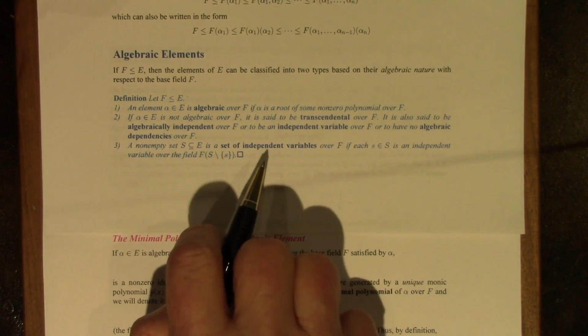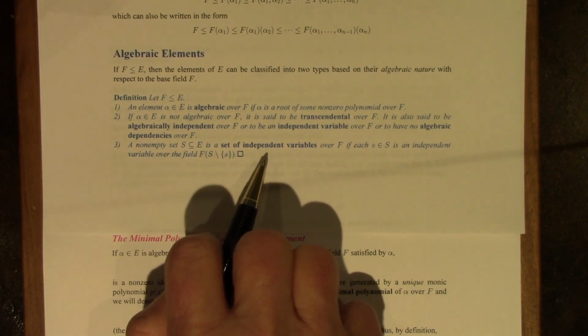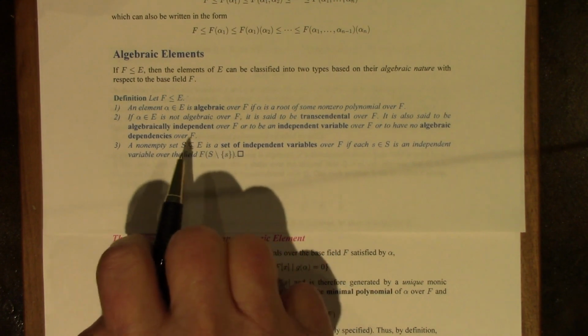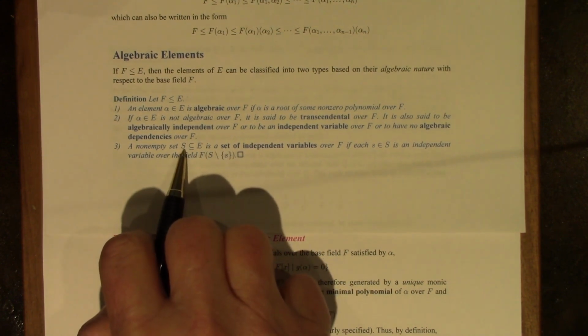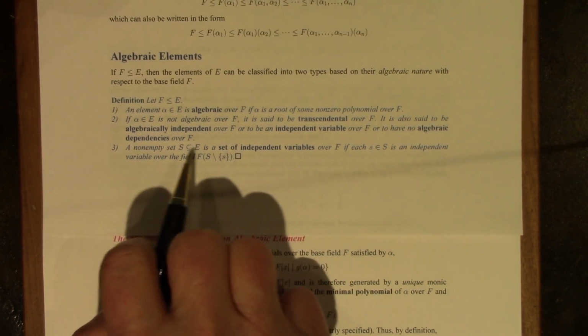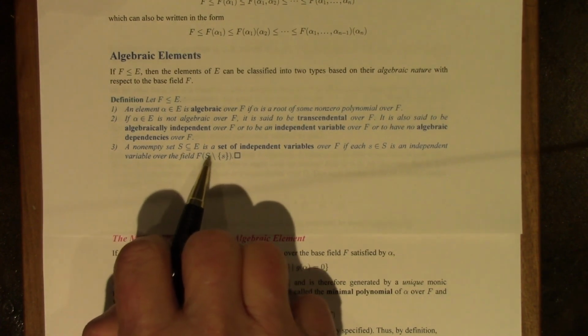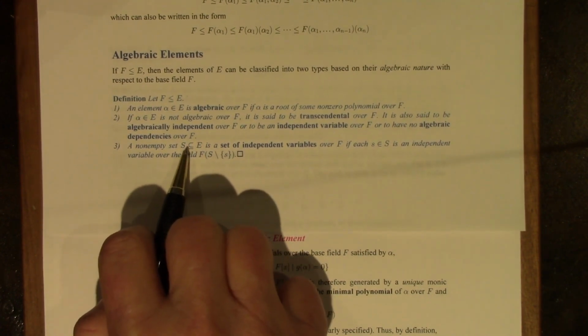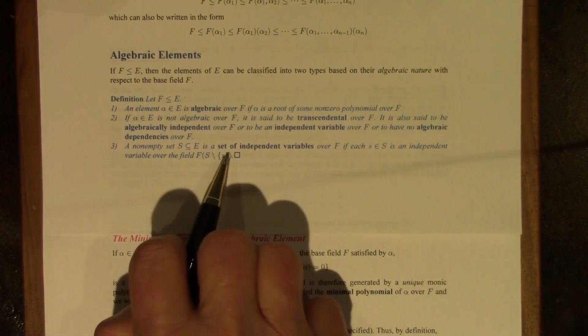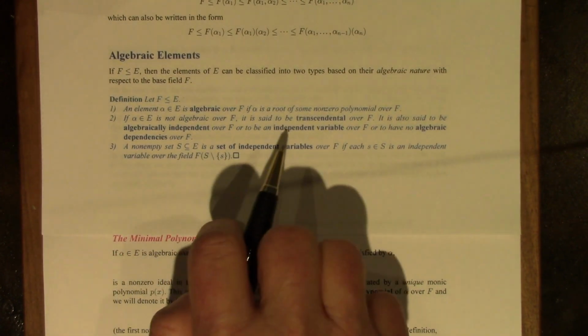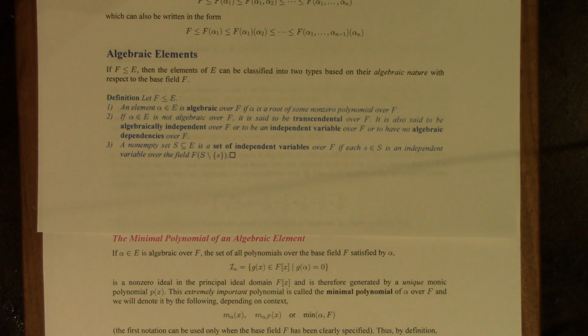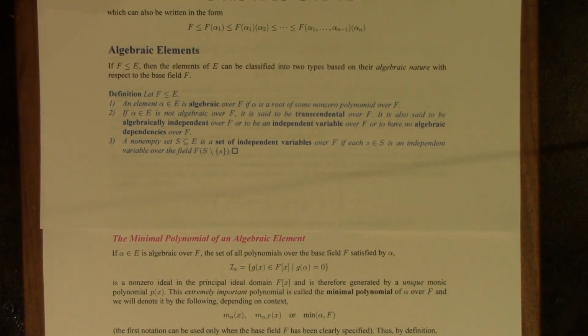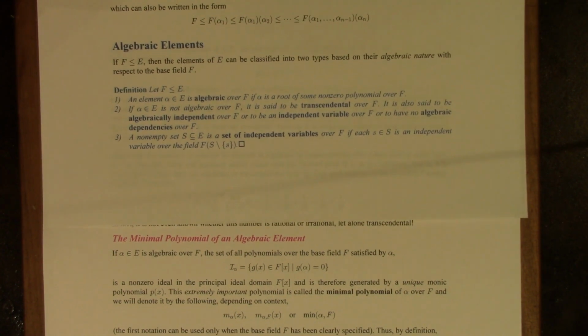There's something here to be very cautious of. The independence of a set of variables, if you look at this definition, depends on the entire set. You could have two variables, each of which is independent over F, but that doesn't mean the set of those two variables is a set of independent variables.